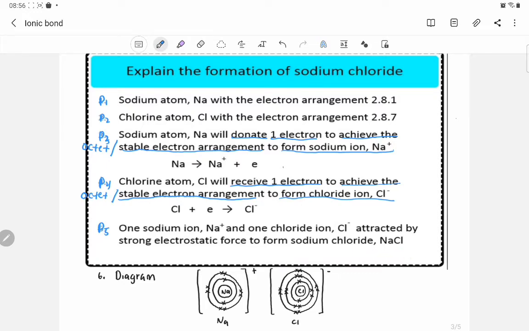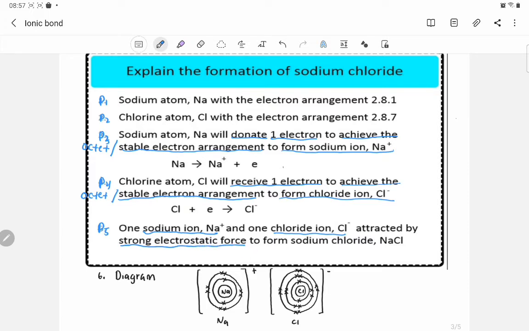Okay, so we mention the attraction force that happens between what and what. So in point number 5, the attraction happens between sodium ion and also chloride ion. Okay, the force produced is this one, strong electrostatic force.